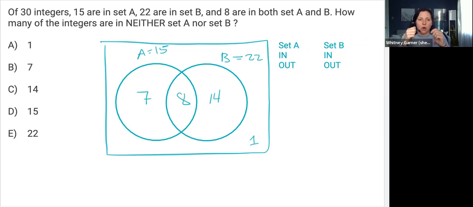It's almost an on-off switch of two different qualities. There's a set A quality, and it's either on or off. You're either in it or you're not. And then there's this other quality, set B, and you're either in it or you're not. I think of them as light switches. They could both be on at the same time, meaning you're in them both. They could be off at the same time, meaning you're in neither.